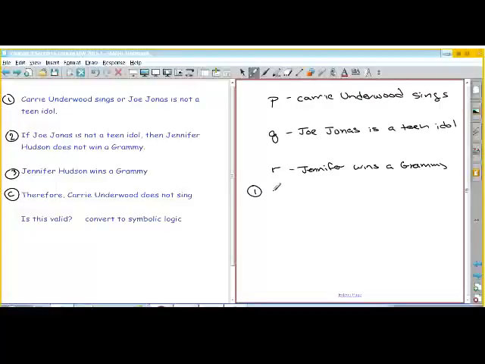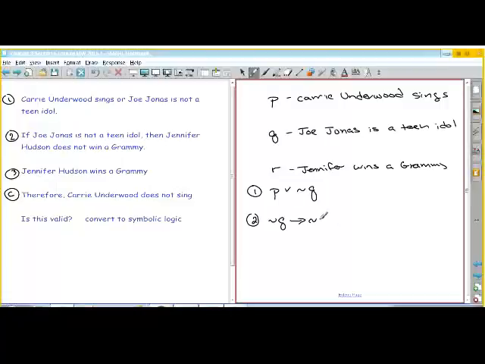So premise 1 would be Carrie Underwood sings, which is statement P. Or, so we use the OR, Joe Jonas is not a teen idol. So Q is Joe Jonas is a teen idol, so we're going to put the negation of Q to represent this statement. Premise 2 is an if-then statement. So if Joe Jonas is not a teen idol, so again, Joe Jonas is a teen idol is Q, so not a teen idol is the negation of Q. We use the conditional sign because it's an if-then statement.